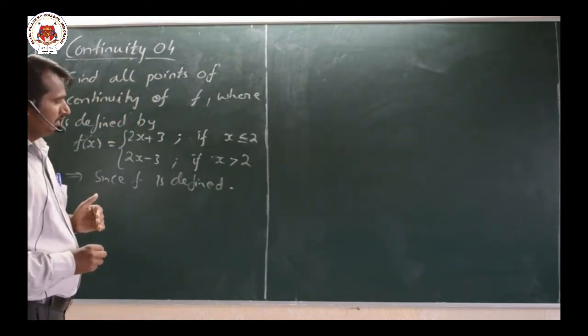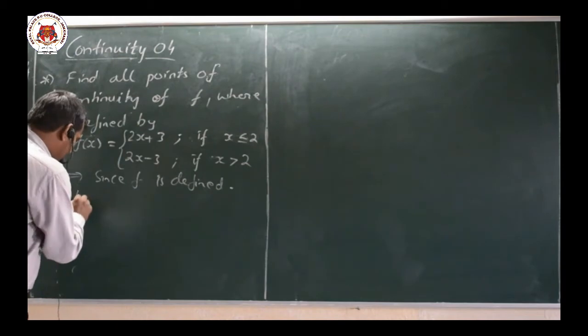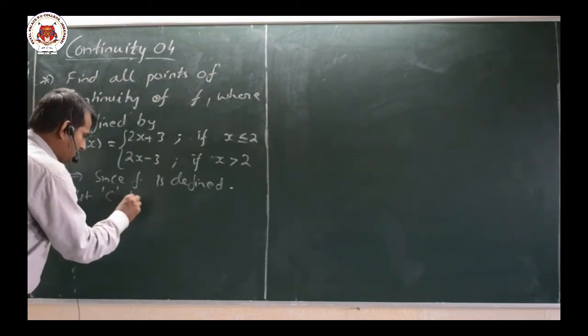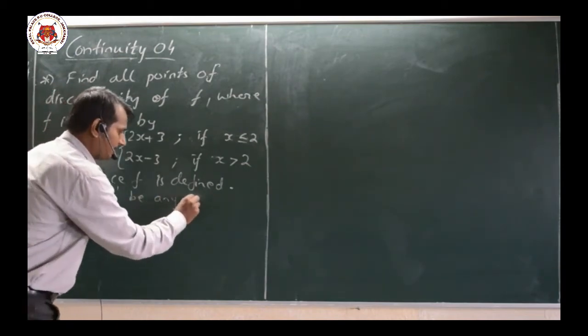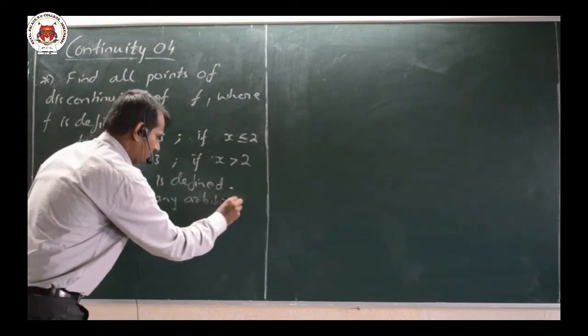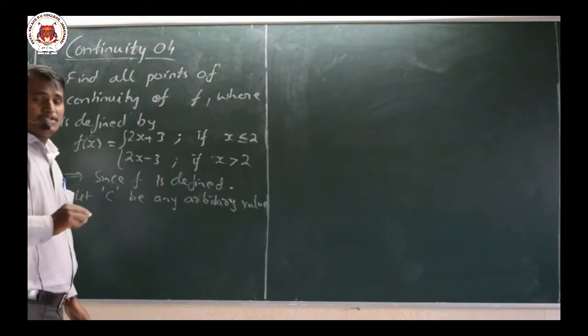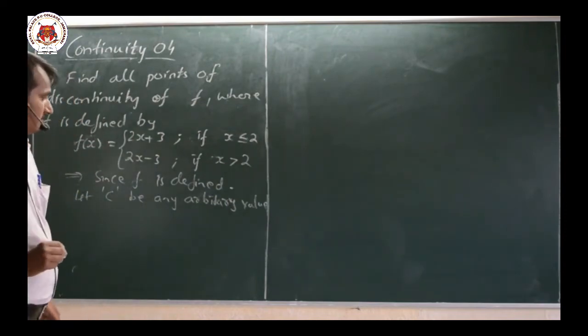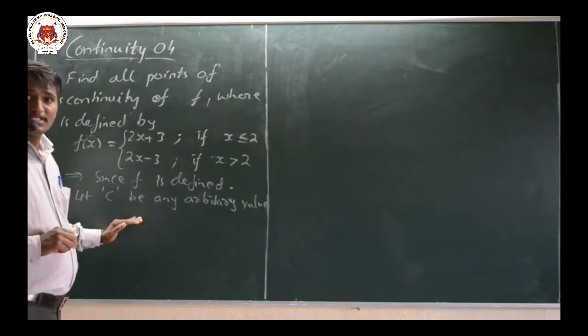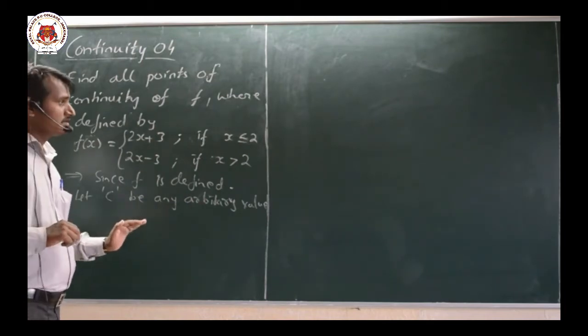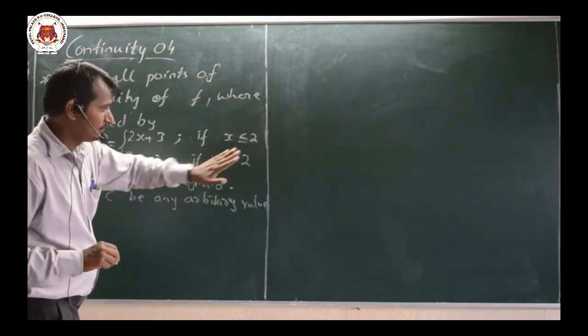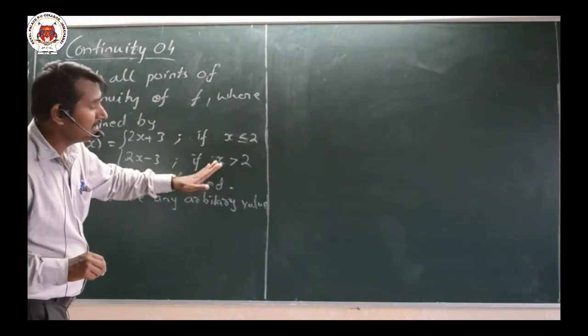Let C be any arbitrary value. If you take it as arbitrary, there arise 3 cases. What are those? C less than 2, C equal to 2, and C greater than 2.